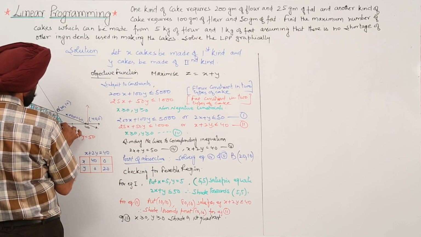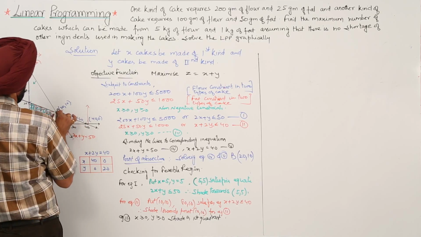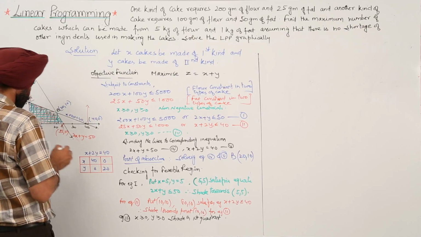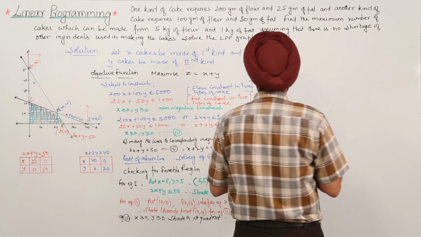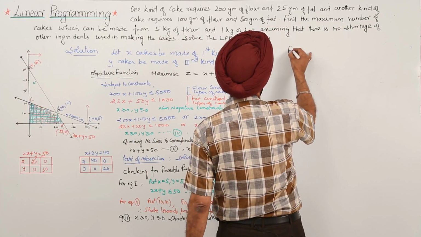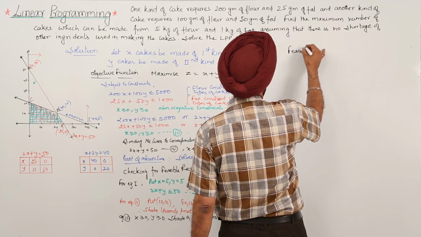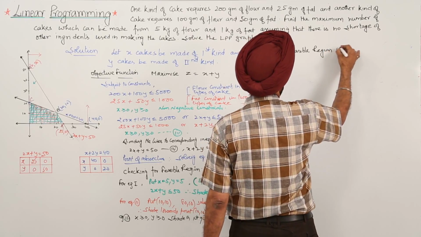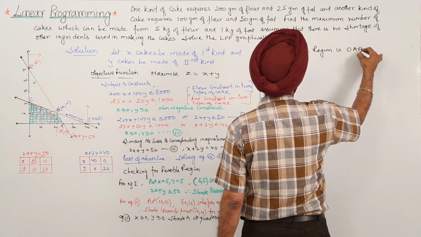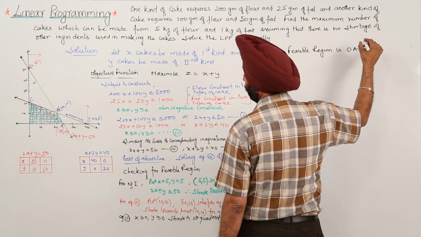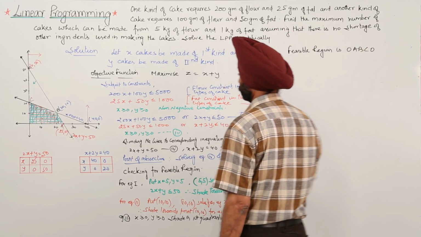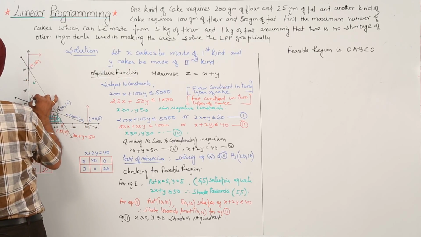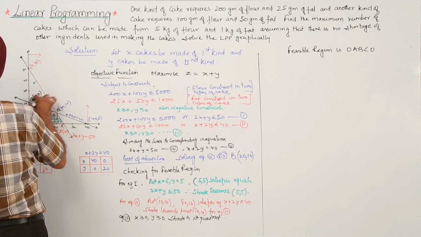Let this point be A, B, and this point be C. The feasible region is O, A, B, C and O. This point C is 0 comma 20.